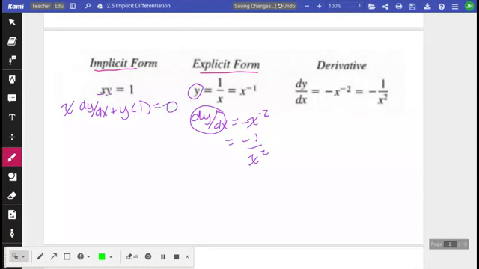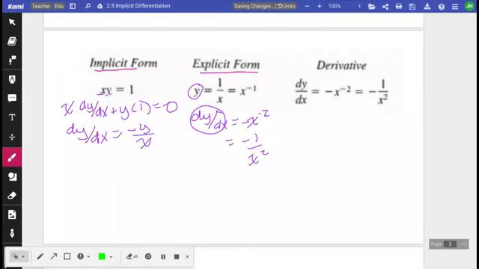So it looks goofy, but if I were to simplify this and solve this, I would be able to get the correct answer. So that when I do this, I will have dy over dx is equal to subtract the y and divide by x.